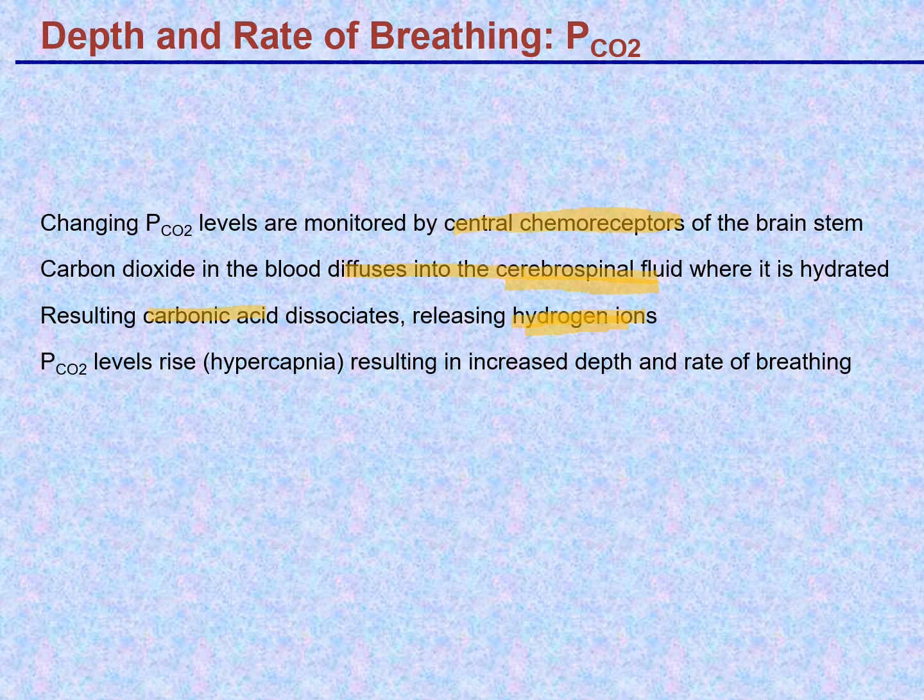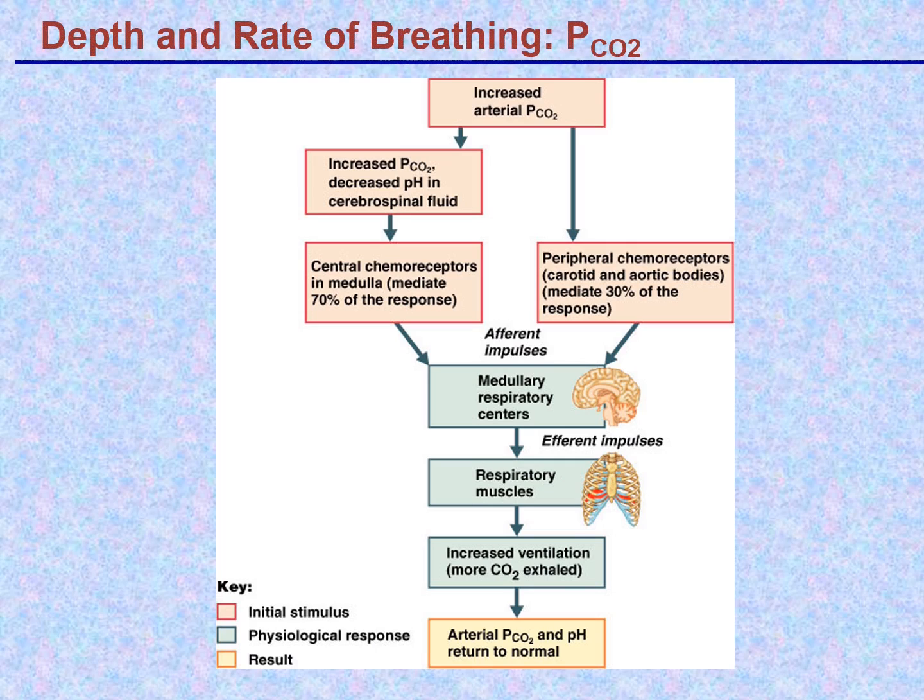But the end result is that it'll trigger an increased output of signals coming from the medullary respiratory centers and cause an increase in rate and depth of breathing. And that's good, because then that will blow off that excess CO2. So here you see another diagram showing that kind of initial stimulus.